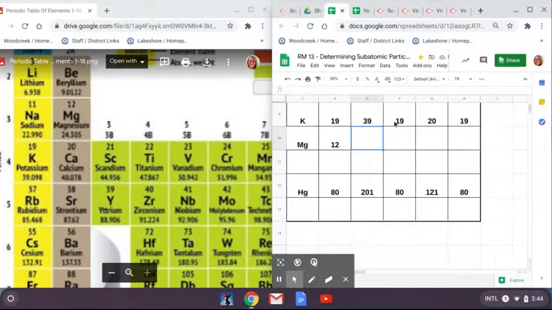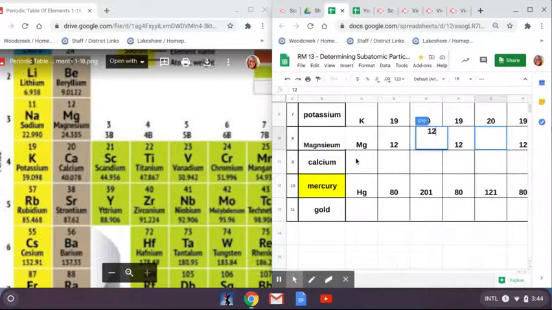And so magnesium has a mass number of 24, and because it has an atomic number of 12, its number of protons is 12, and the number of electrons is also 12. And then for neutrons, we have mass number 24 minus atomic number 12, giving us 12 neutrons.